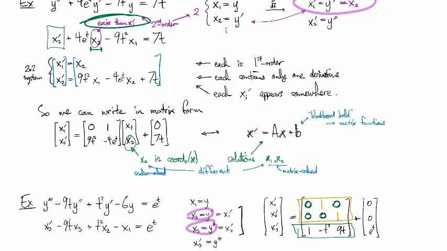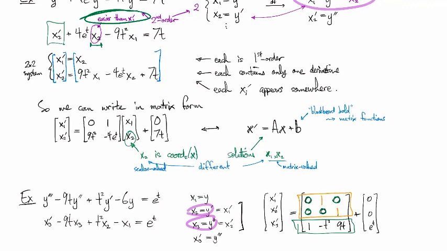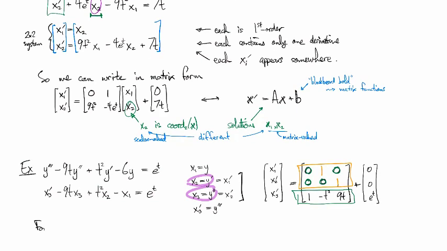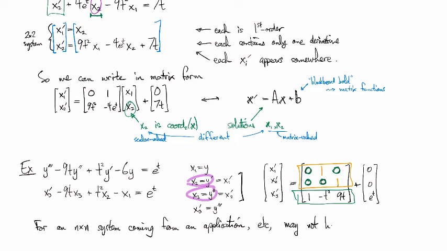So in the sections to follow, we're going to look at more general matrix equations. So for an n by n system coming from an application, it may not have this specific form.